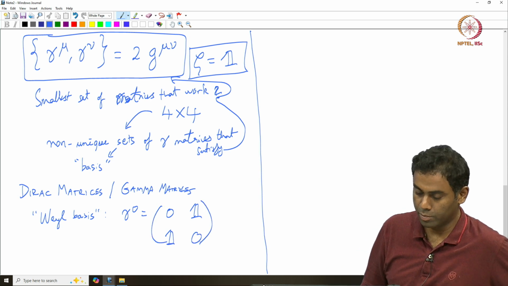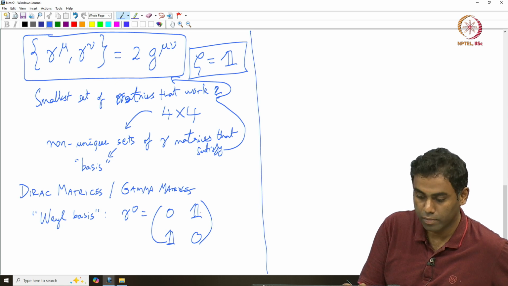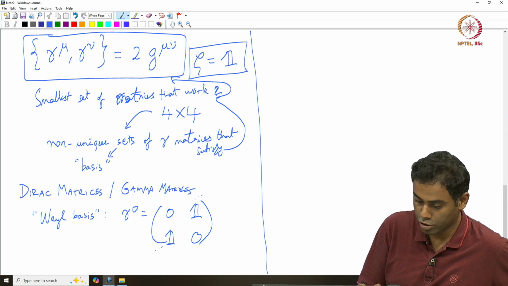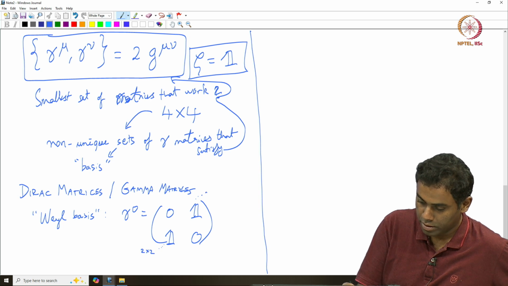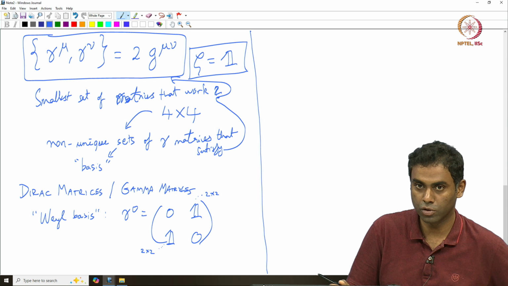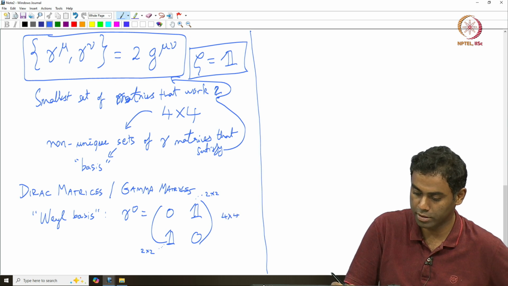And if I write it this way, you have to remember that each entry is a 2 cross 2 identity matrix. So what I have done is write this in a block diagonal form. This is still a 4 cross 4 matrix.